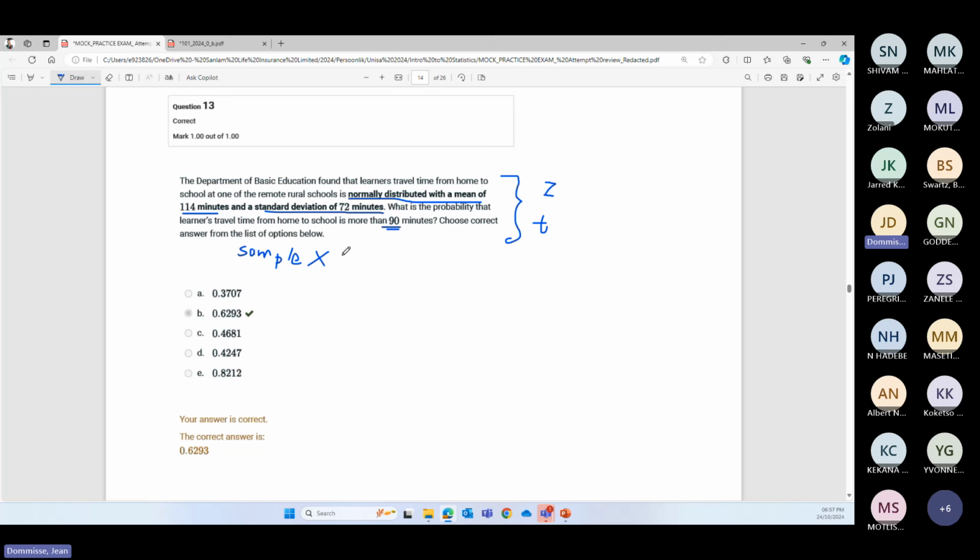So our formula will still be x minus this divided by, because there is no mention of a sample.